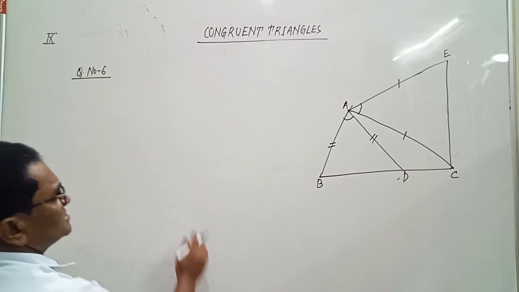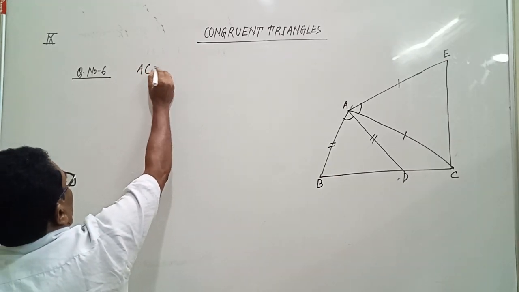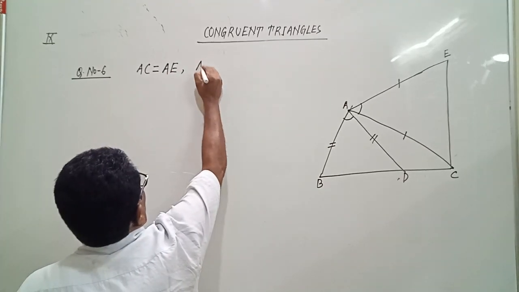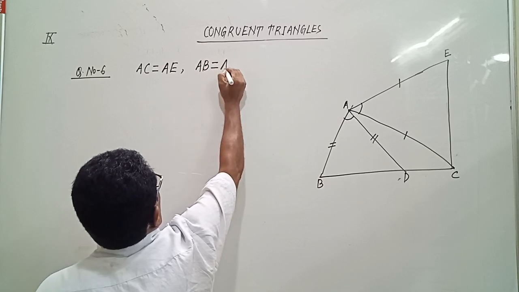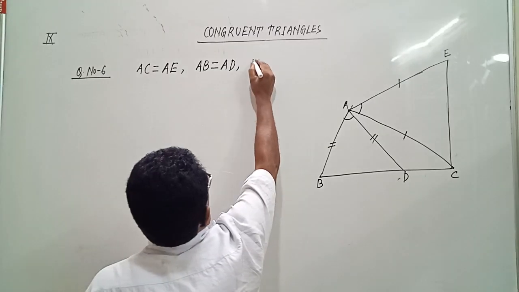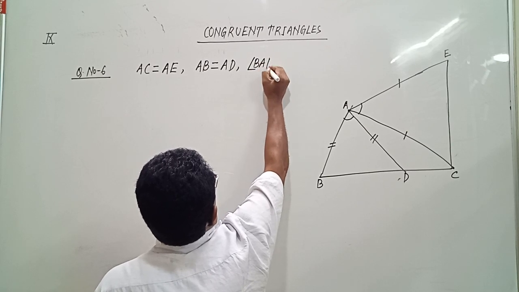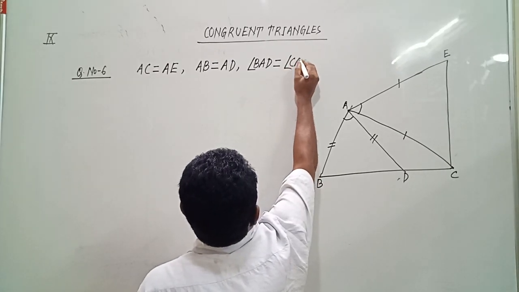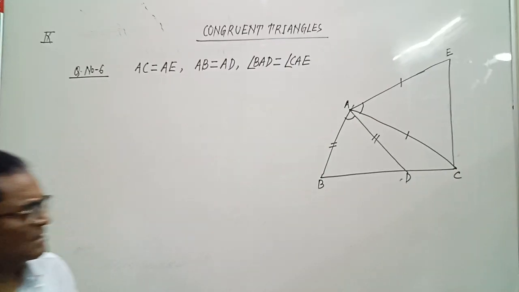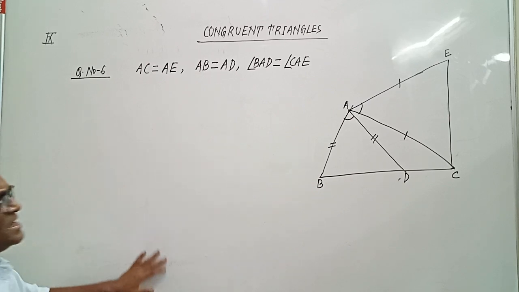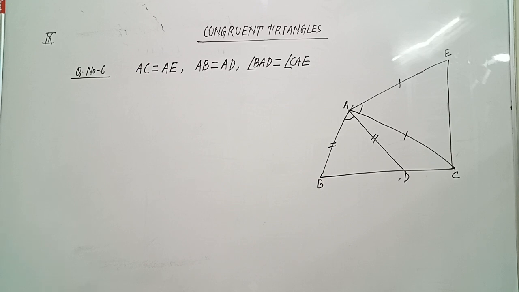We have given AC equals AE, AB equals AD, and angle BAD equals angle CAD.